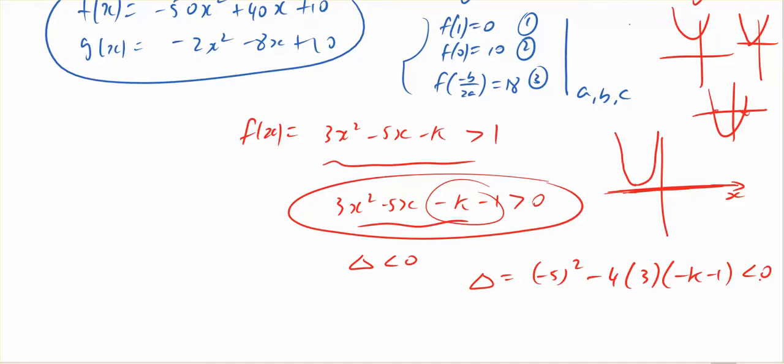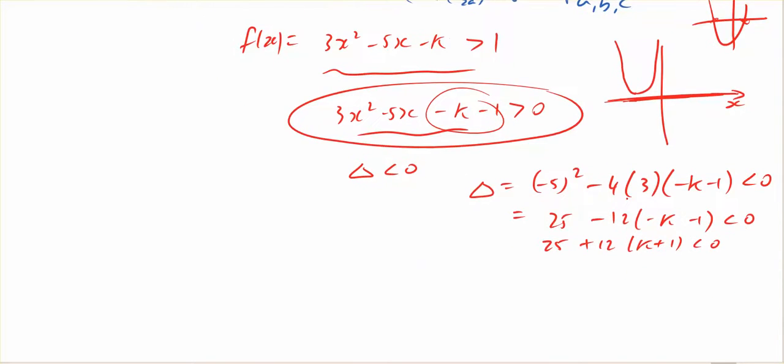When you solve that, that's 25 minus 4 times 3, that's minus 12, times minus k minus 1, less than 0. I can actually take a negative 1 out as a factor. So 25 plus 12 times k plus 1 is less than 0. Let's solve this. 12 times k plus 1 is less than negative 25.